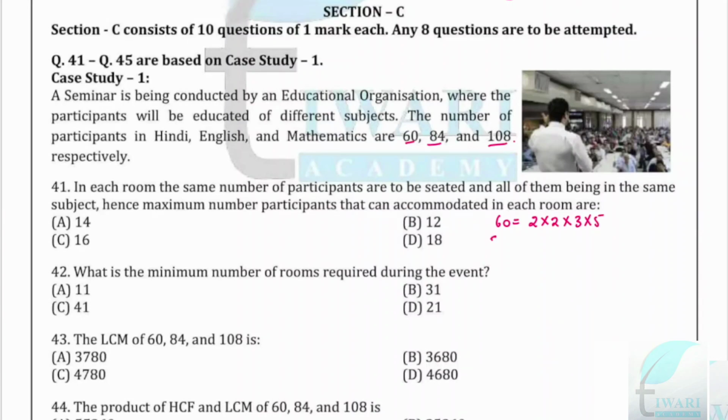Prime factorization of 84 is 2 into 2 into 3 into 7. 108 is equal to 2 into 2 into 3 into 3 into 3. So the HCF we will get is the common pairs, that is 2 into 2 into 3, that is equal to 4 into 3, which is equal to 12. So 12 is your right answer.